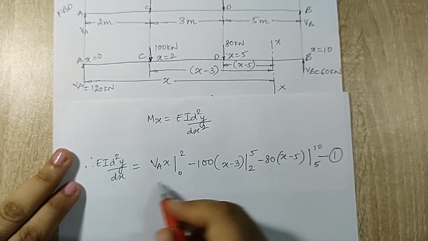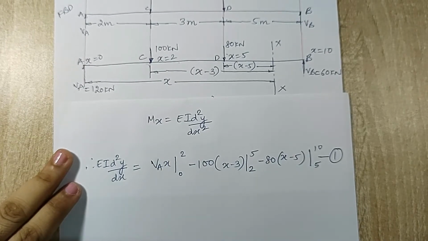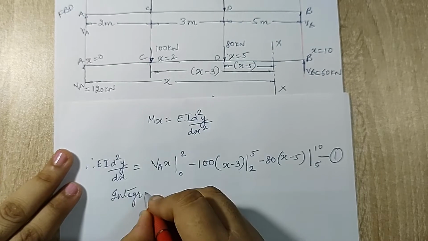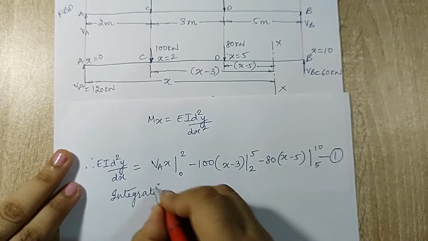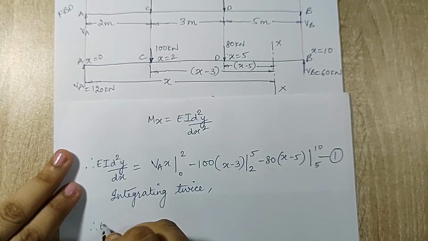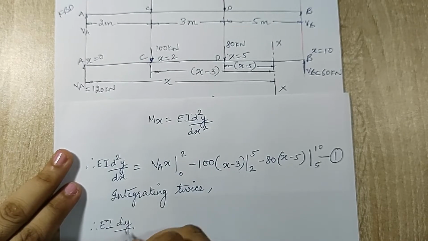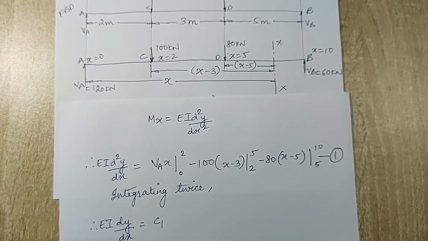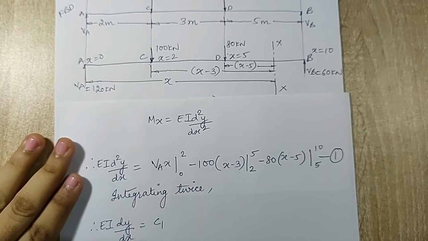Now I am going to integrate this equation twice to get the slope and deflection equation. So I am writing integrating twice. I have EI dy by dx, and I'll first write the constant of integration. In the previous problem I have already told you why I always write the constant of integration at the start.